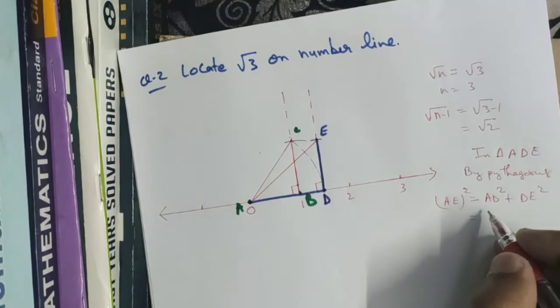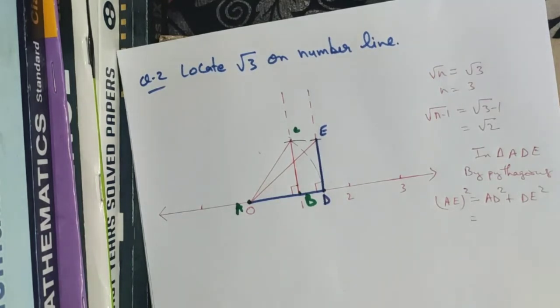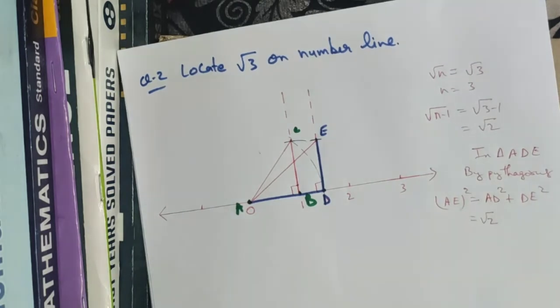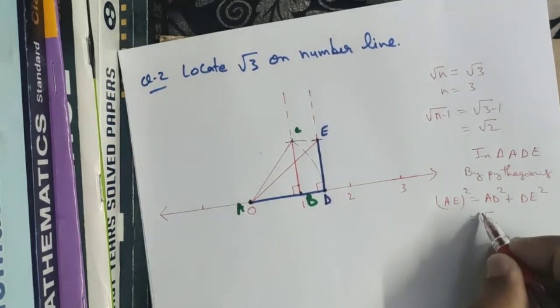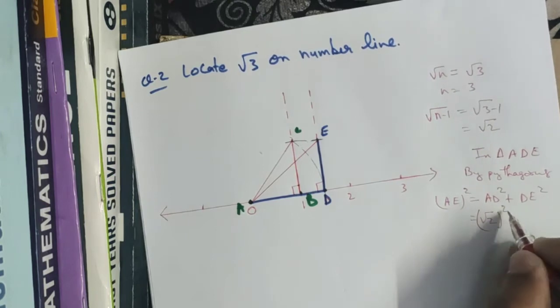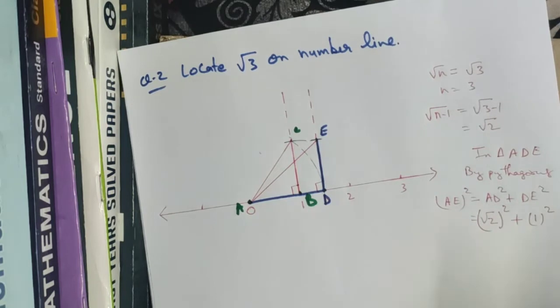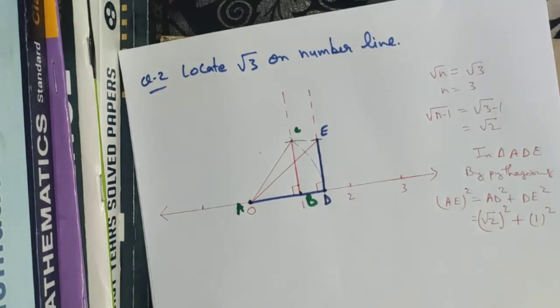AD is what? AD is equal to root 2 as we have located. So AD square will be square of root 2 plus DE. DE we have taken as 1 unit. So it will be square of 1.